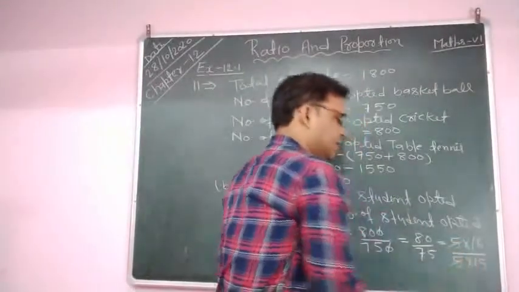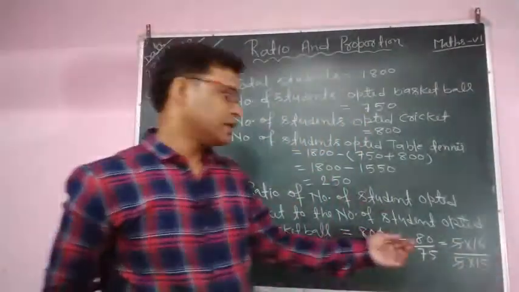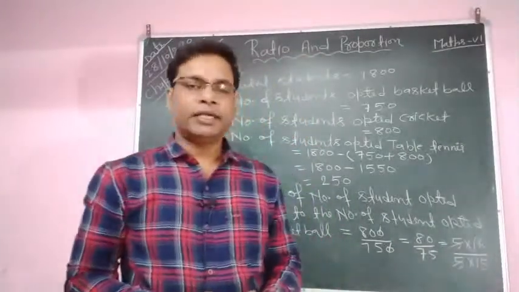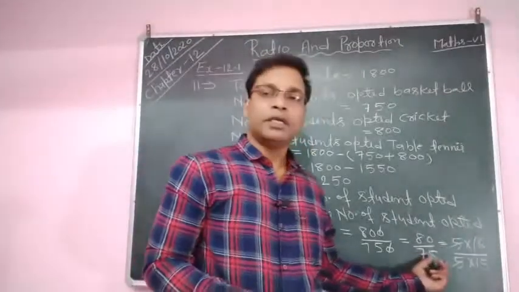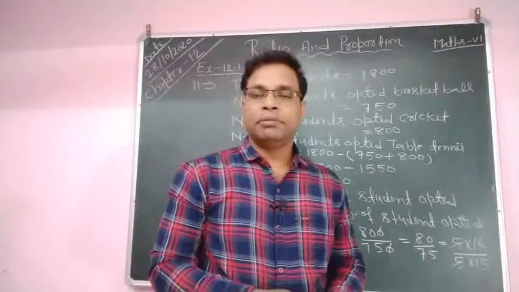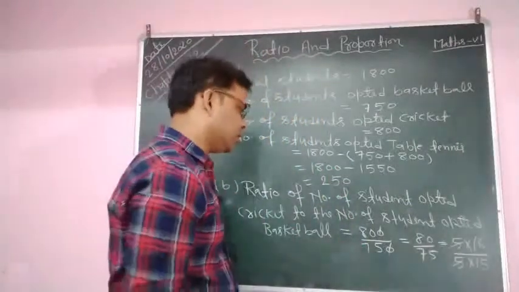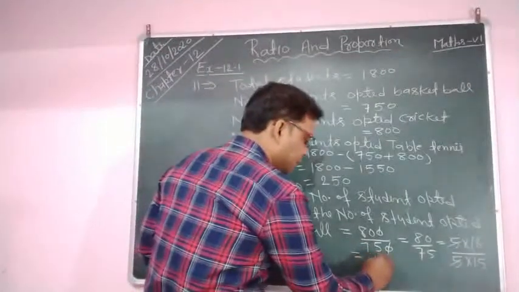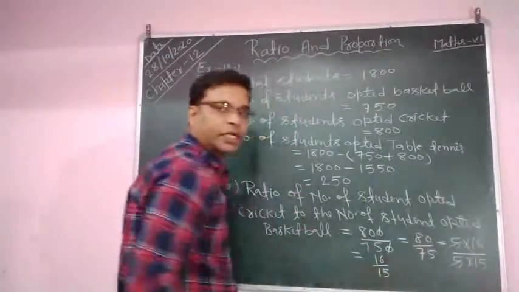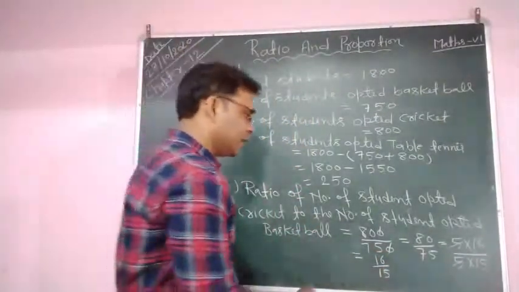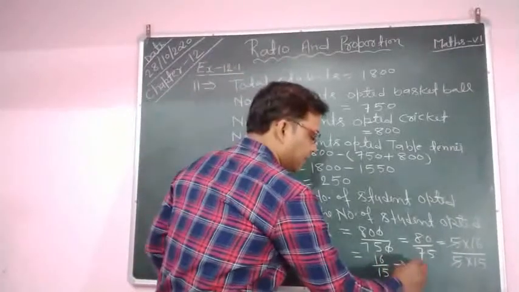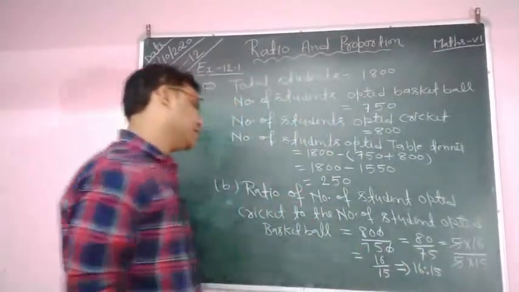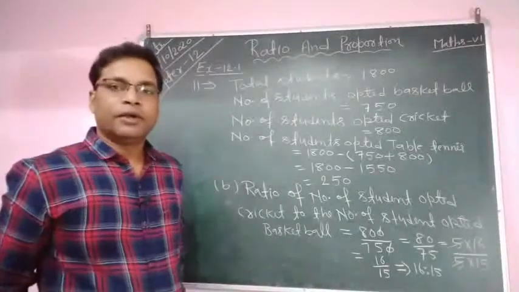So you can cancel the 5. Now what do we have? We have here 16 by 15. Clear? This implies that we can write it as 16 ratio 15.